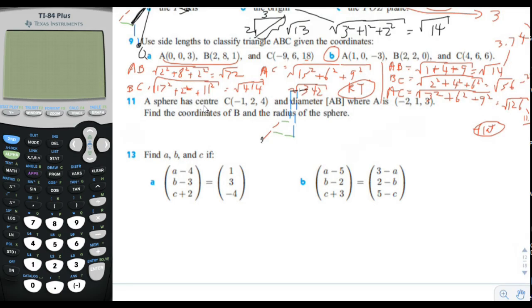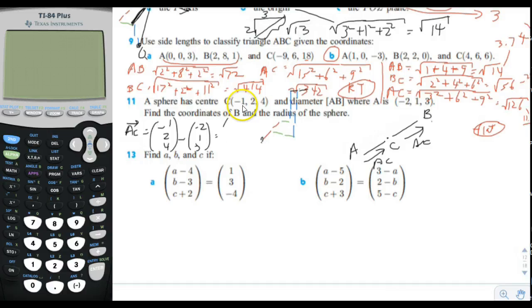Well, let's do it the other way. We have C, we know A, and we want to find B. So if we figure out what vector AC is, and we add it to position C, then that should give us B, right? So let's figure out what AC is. AC is equal to the C coordinate, negative 1, 2, 4, minus the A coordinate, negative 2, 1, 3.